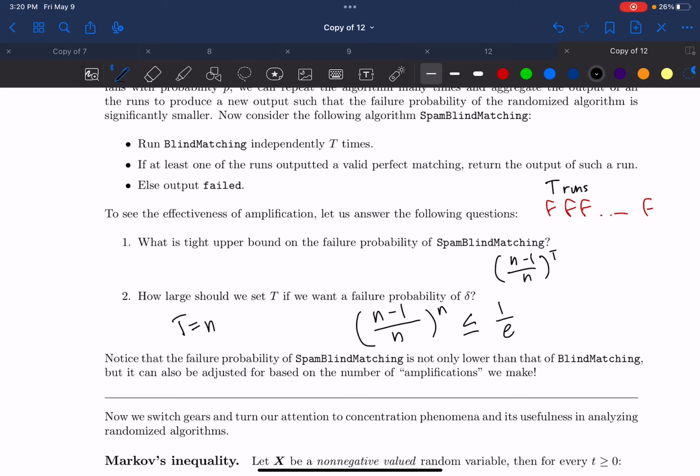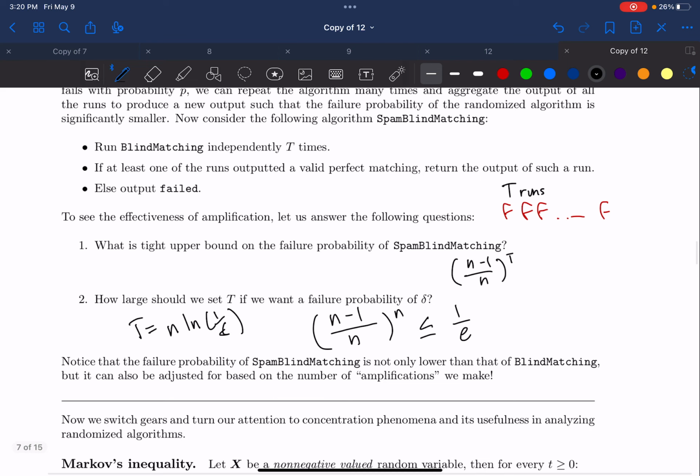Then if you do this to, for example, n times 2, we know that this is going to be 1 over e squared. So the direction we're going to go with this is if you do n ln of 1 over delta, then when you apply that here, this is now going to be 1 over e. So now we're saying this is to the power of t.